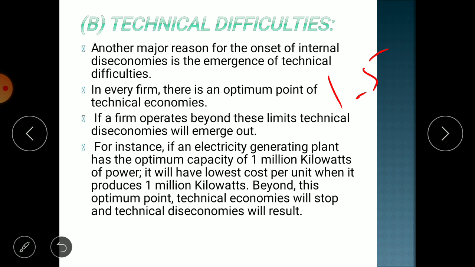Take an example that if you produce only 1 million kilowatt, then the machinery runs within its capacity. Take your own example, every human being has a physical capacity. If you go beyond your physical capacity, your energy will get exhausted and you will feel tired. Take an example that you are given a task of producing a pen. Initially you will learn it, then you will become master of it, and you will be able to produce a pen at the least possible cost.